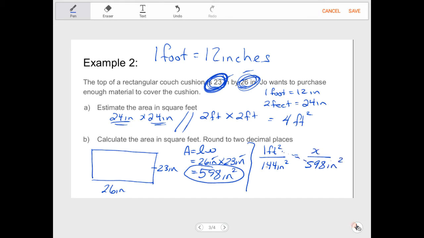So that's your first diagonal, that's your second. Which diagonal deals with both numbers? That's the 1 and the 598, so you would multiply that, which of course is 598. And then you would divide it by the number that was not involved. So it's 598 divided by 144, which gives you essentially 4.15 feet squared. And if you look, you know you're on the right track because that's my actual answer. Here was my estimation. 4 feet is pretty darn close to 4.15 feet squared.